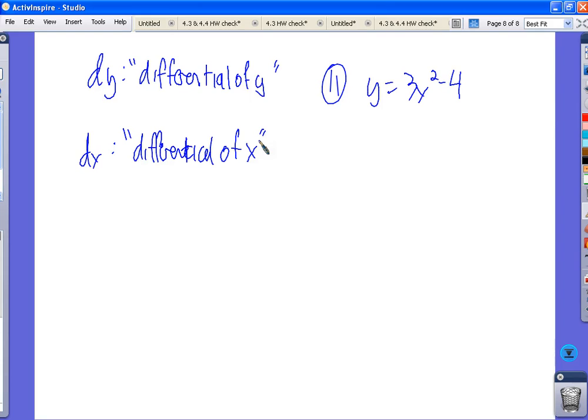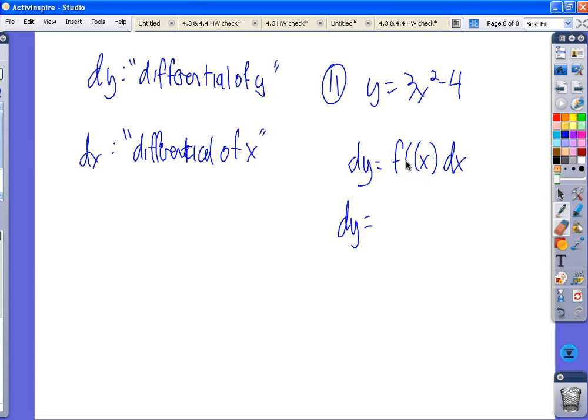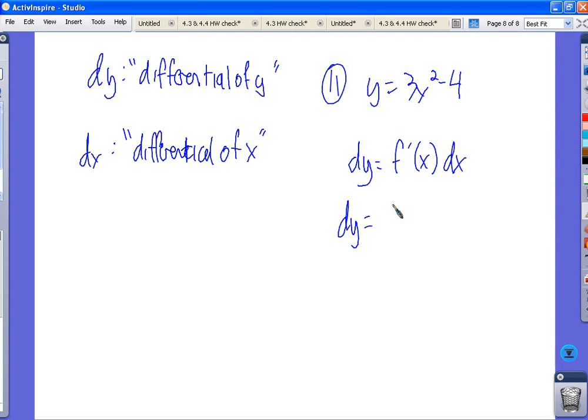So how are we going to find the very, very tiny change in y? Well, it's always the same. f prime of x times dx. So dy equals... what's y prime? 6x. 6x dx.